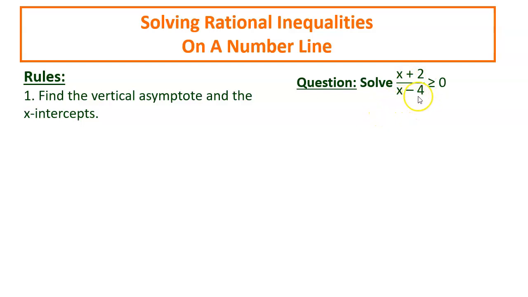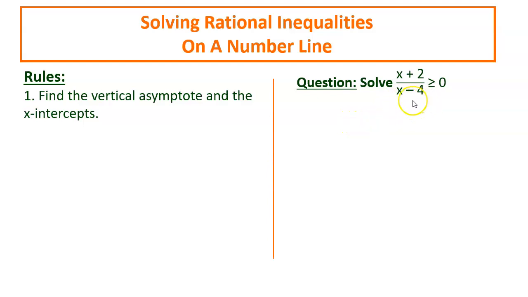It may be a simple algebraic linear expression, a quadratic expression, in this case a rational expression. But that expression should be equal to 0. The values of x which make that expression value equal to 0 are known as x-intercepts. Okay.